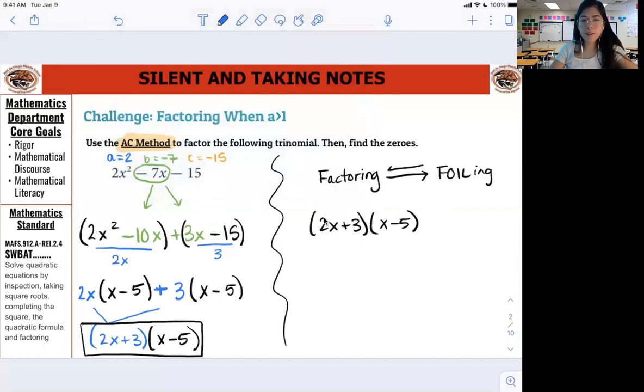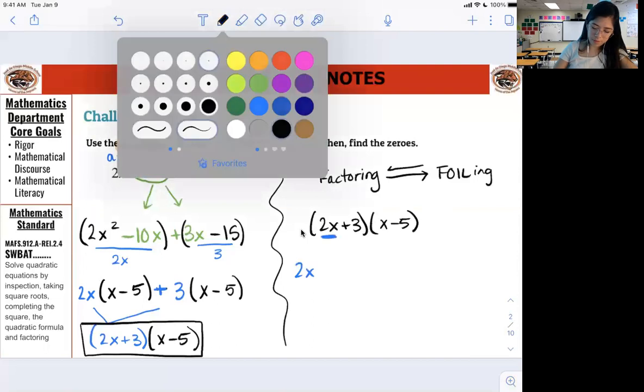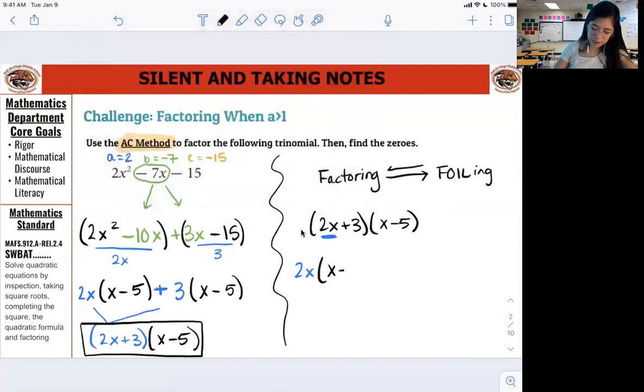Remember that there's foiling, but there's also something where we can take the first term, so 2x, and multiply it by x minus 5. Do you guys remember this? So we take just the first term times x minus 5, and then I'm going to take just the second term times x minus 5.